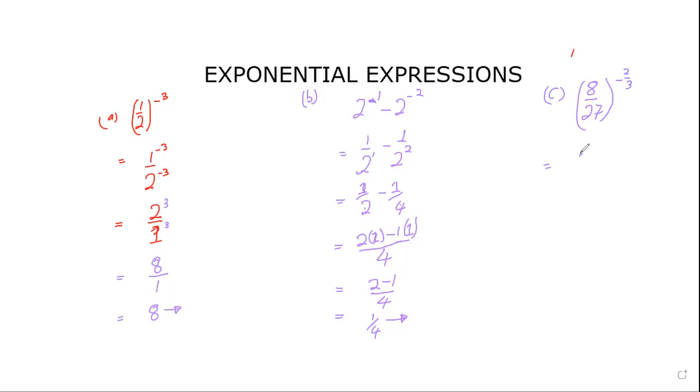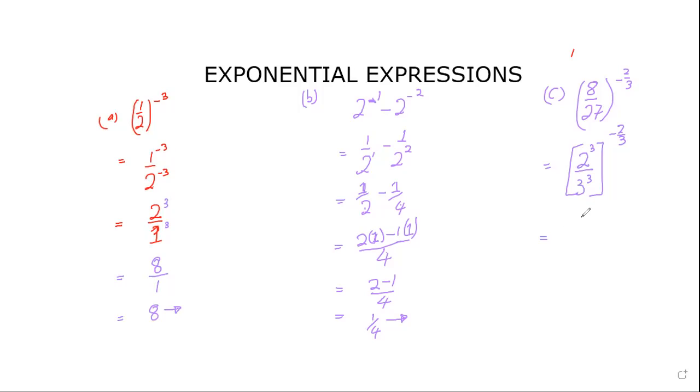We know that 8 is 2 to the power of 3, and 27 is 3 to the power of 3, to the -2/3.